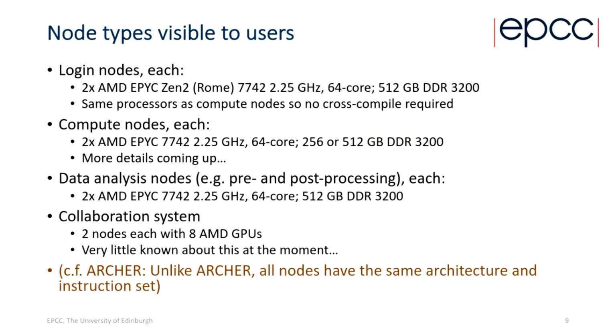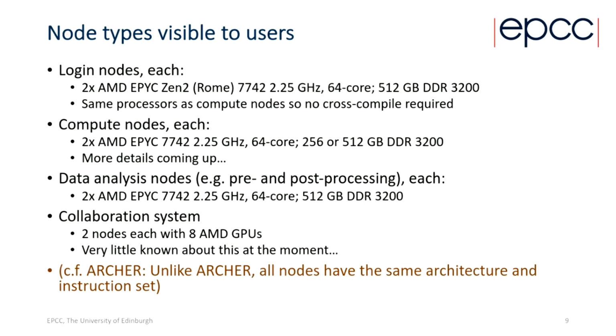And that also means there's quite a lot more memory available per node as well. One of the key things here, though, is that the login nodes, the compute nodes, the data analysis nodes, all these sorts of things are all exactly the same architecture and exactly the same processor. And one of the challenges when working on Archer in particular has been that the post-processing nodes are a very much older generation of processors than are available on the compute nodes and the login nodes.